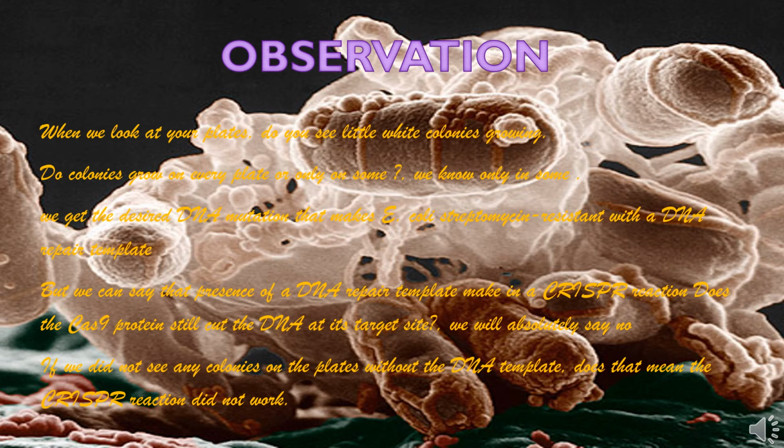This change causes the DNA to code for threonine instead of lysine in this protein. This change prevents streptomycin from binding to and disabling the protein, which allows the bacteria cell to grow on media containing the drug. We can say we get the desired DNA mutation that makes E. coli streptomycin resistant with a DNA repair template.